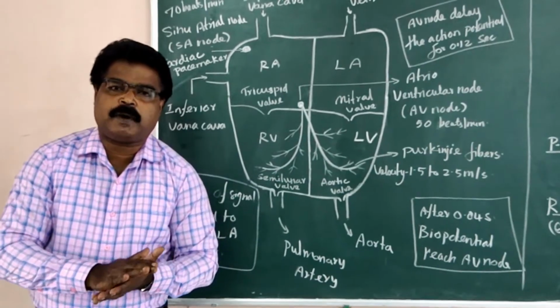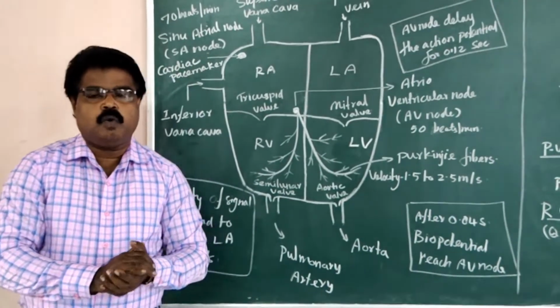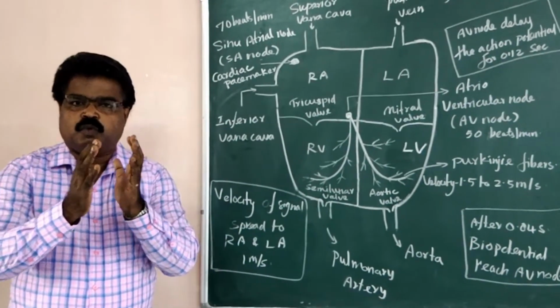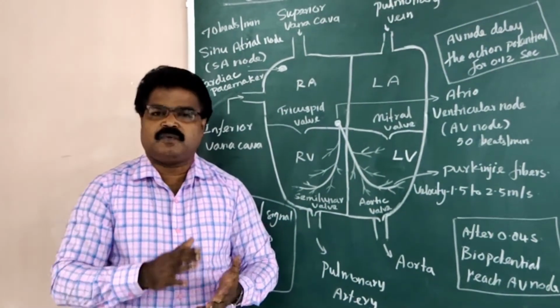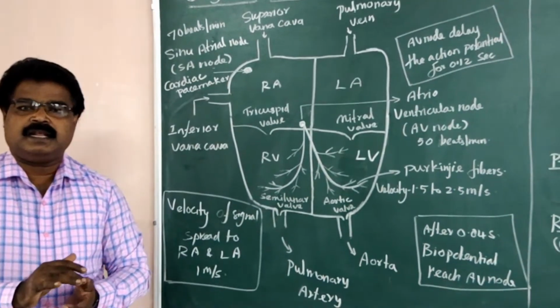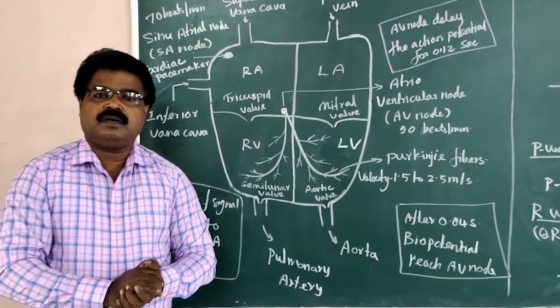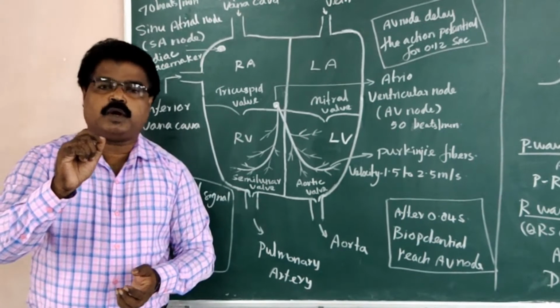Why is it delayed for 0.12 seconds? Because once the atrial activity is over, it is followed by ventricular activity. So the signal reaching the AV node is delayed for 0.12 seconds.